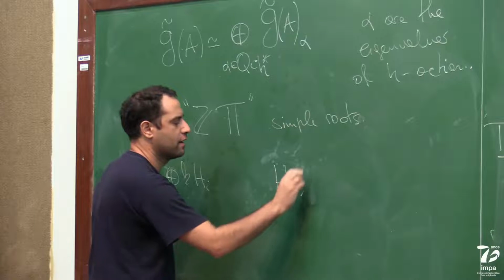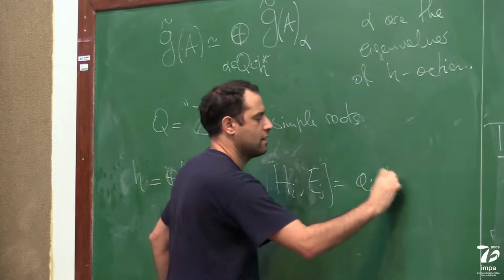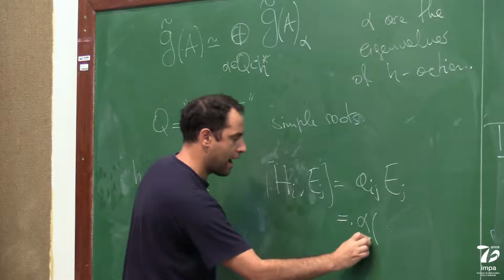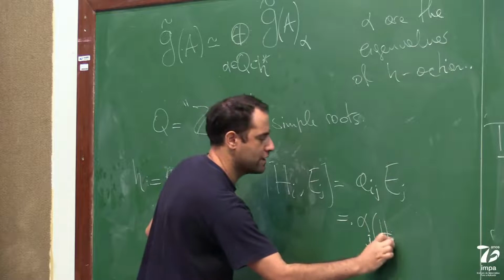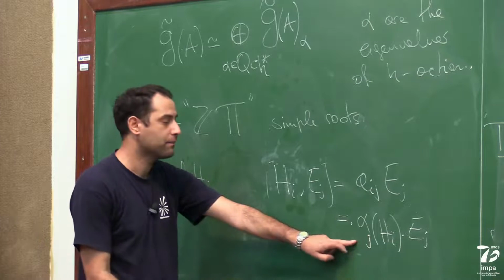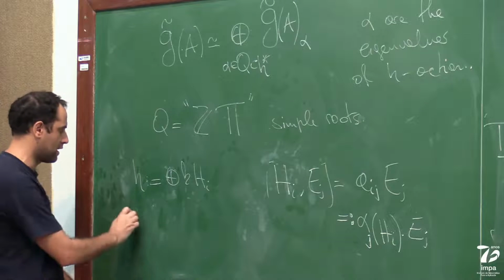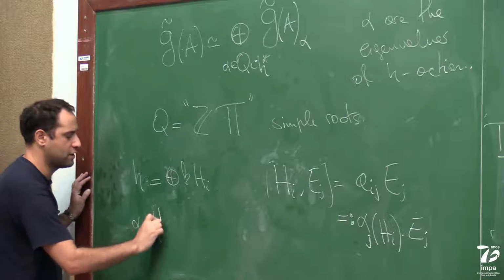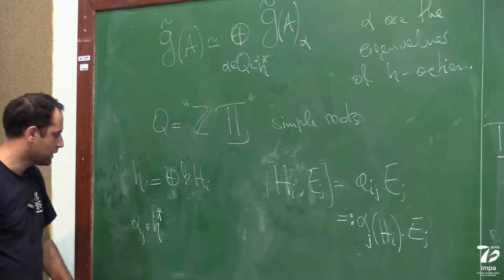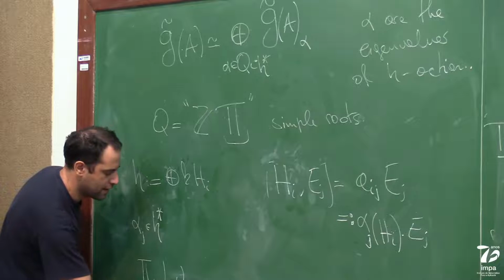I have HI on EJ is equal to AIJ EJ, and this I'll define to be alpha J evaluated on HI multiplied by EJ. So this is the definition of this alpha J. This defines this linear functional alpha J for every J, and these alpha J's are elements of H star by definition, and these are the pi's. So pi is the collection of alpha I for I in I, and now it's well defined.